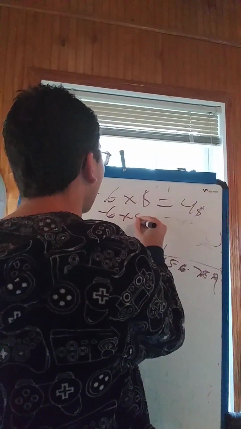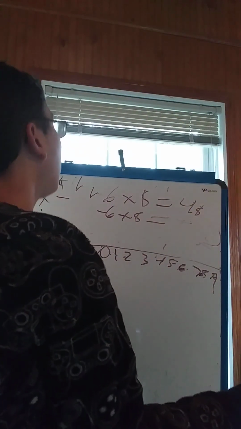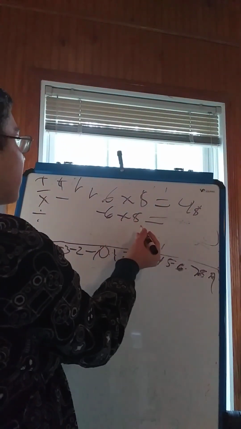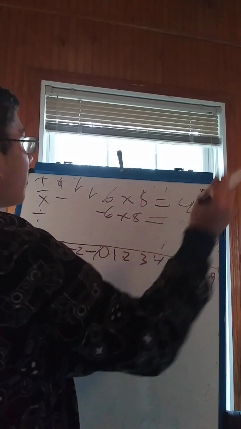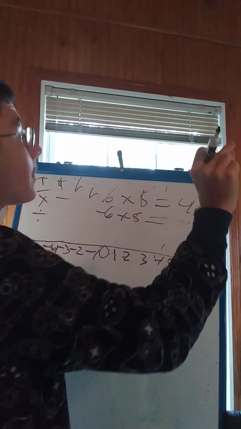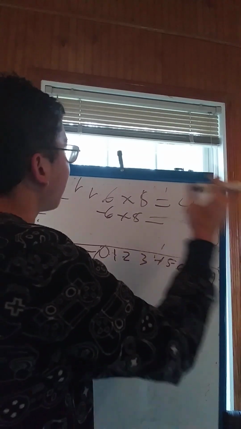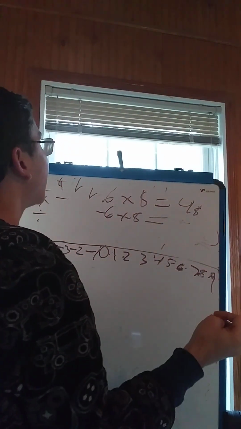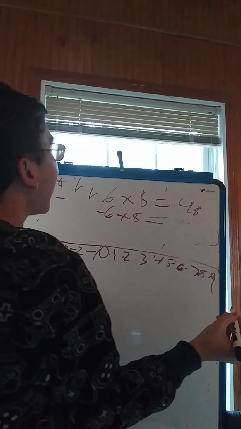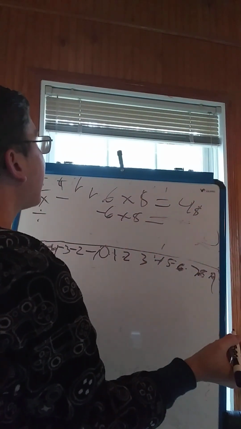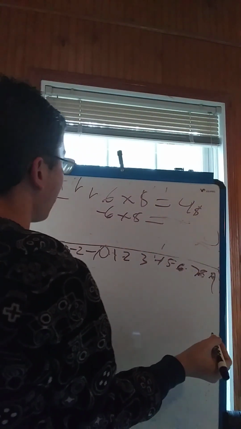Let's do that same thing again. Negative 6 times 8. Well, you have a negative 6 and a positive 8. Both of these have different signs. So when the two numbers have different signs, when one has one sign and the other has the other sign, your answer would be a negative. So negative 48. And no, you can't look at the sign of the lesser number for this one.